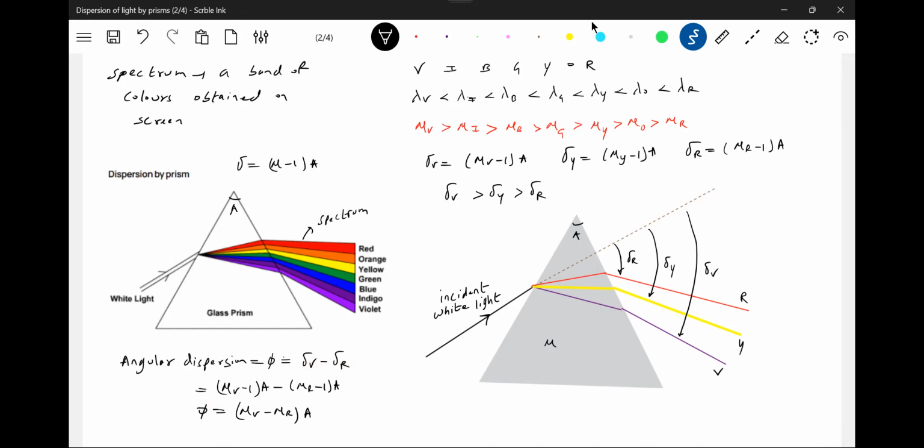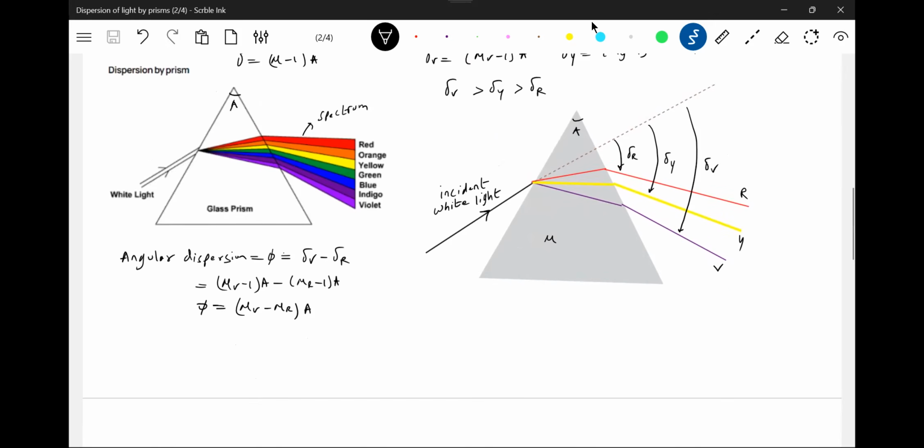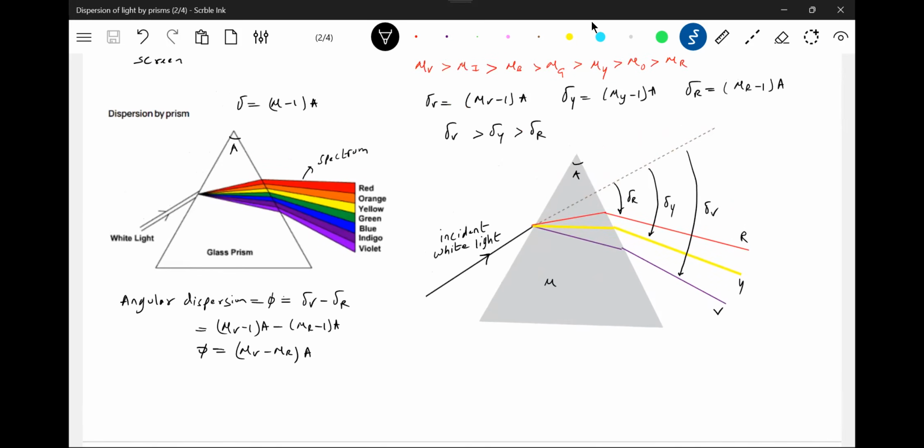Now we'll define one more quantity to study this. We have one more definition for angular dispersion: the rate of change of angle of deviation with wavelength.